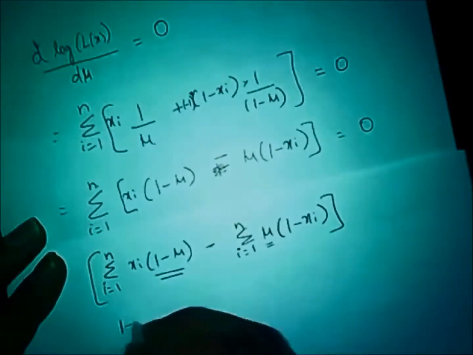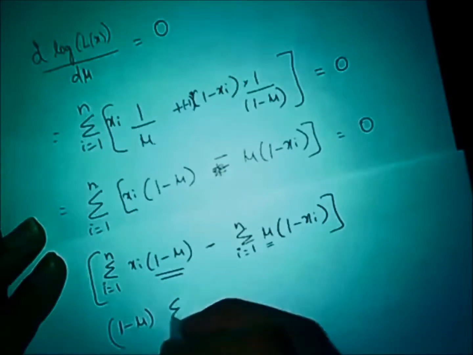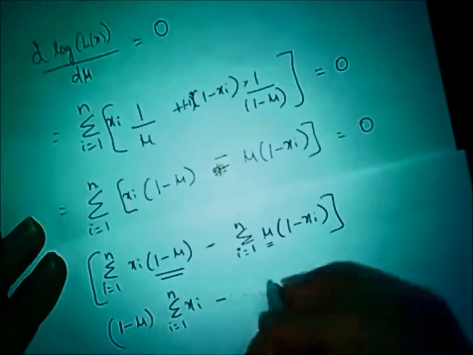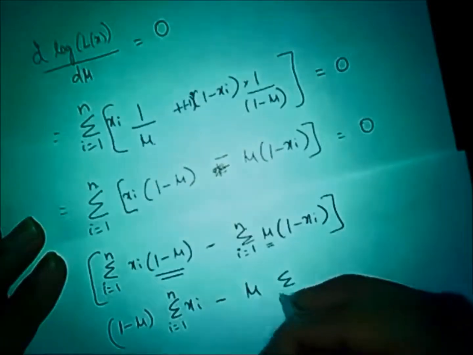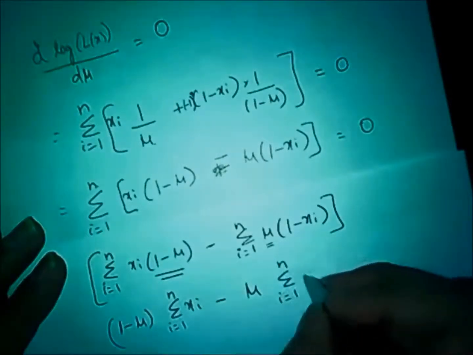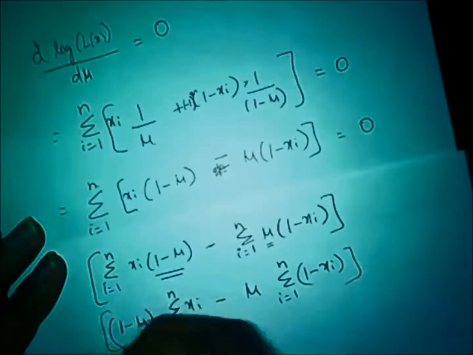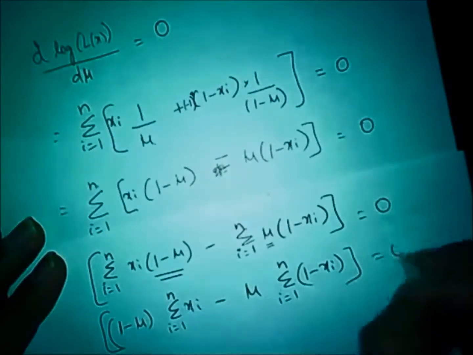So I'm going to get 1 minus mu times sigma xi minus mu times sigma 1 minus xi, and this is equal to 0.